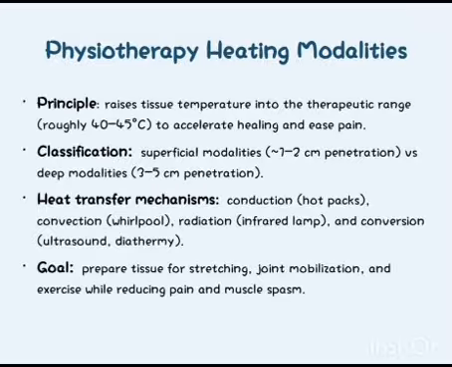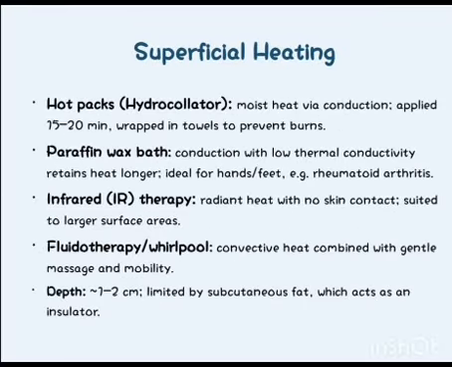Superficial heating modalities include hot packs, paraffin wax, infrared therapy, and fluidotherapy. First, hot packs: moist heat via conduction applied for 15 to 20 minutes, wrapped in a towel to prevent burns.